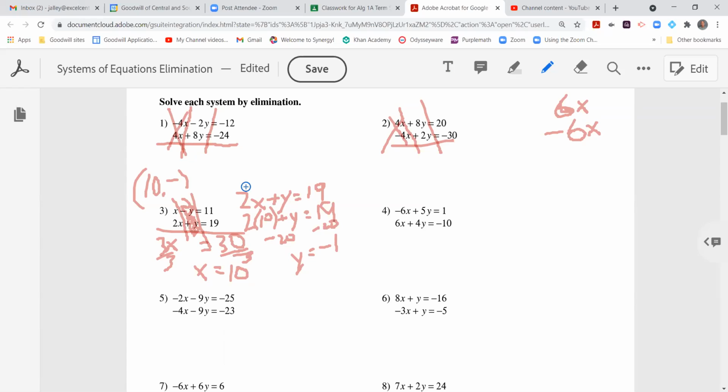What did we get for X? Yeah. This is a system, right? As long as we're in a group of systems problems, wherever you see X, it's referring to the same thing. Wherever you see Y, it's referring to the same thing.